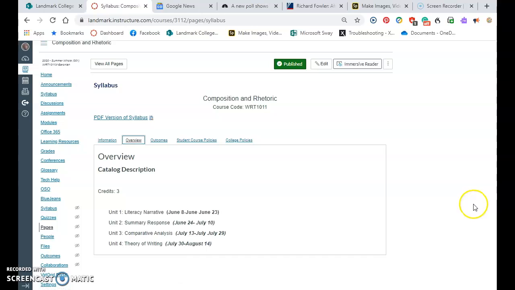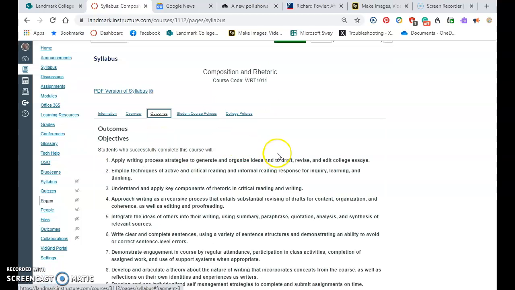I will explain all of these in detail to you as they come up, but what I want you to notice is it's broken out to about 2.5 weeks per unit. Not exactly, but close. And we'll go from here to outcomes.